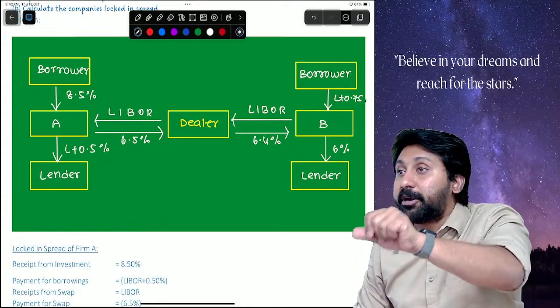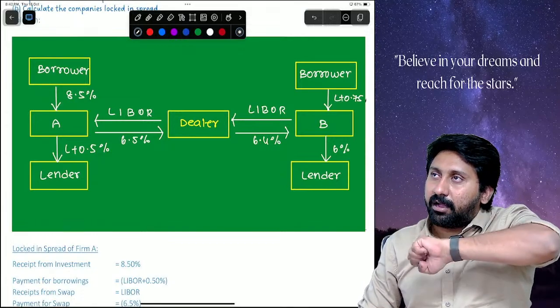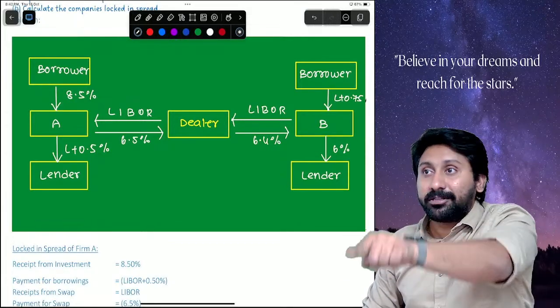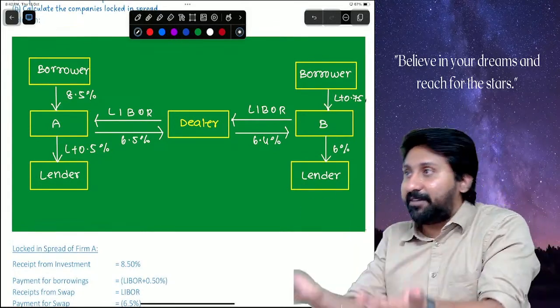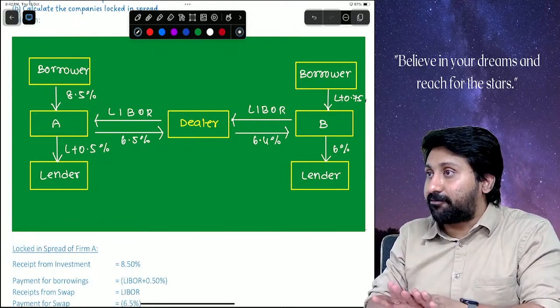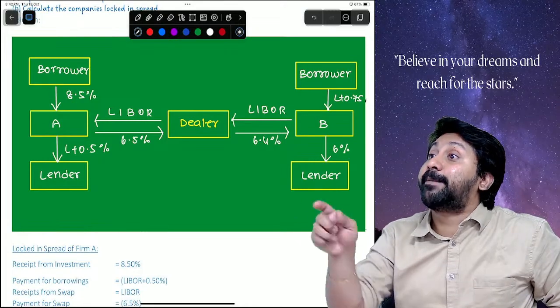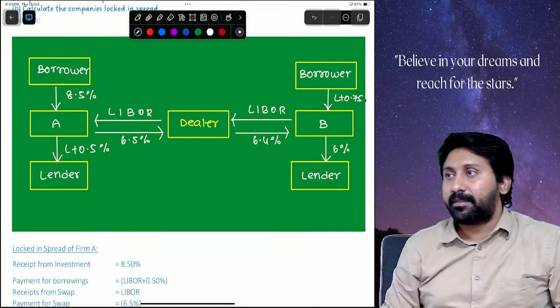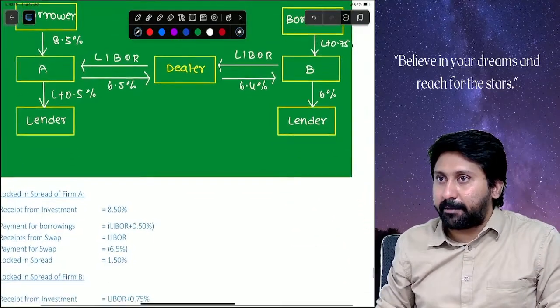Both are there. Therefore, the end result you may end up with floating, or you may end up with fixed. That's why in these types of questions, lastly you are not ending up with floating or fixed, you are ending up with a spread, meaning profit. Profit or loss, anything can happen.